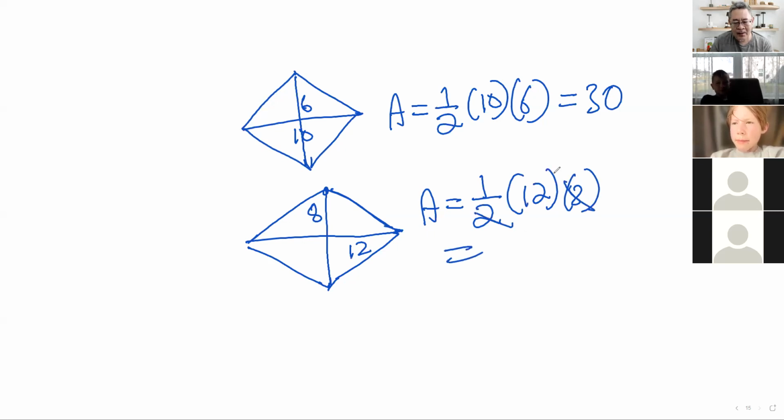We cancel that, we got 6 times 8, 48. Okay, are we good on this? Wonderful, good. So basically we're going to use the area for a triangle to find the rhombus.